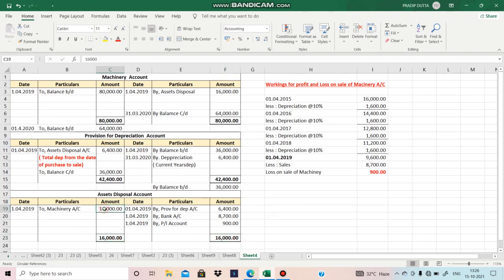Here the complete cost price of this machine is 16,000. The provision for depreciation is 6,400, which has come from over here, from here to here, and bank account 8,700, the sale proceeds.